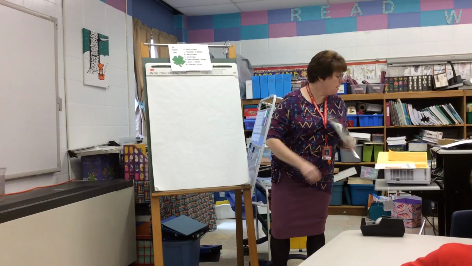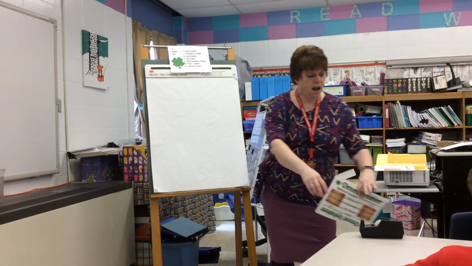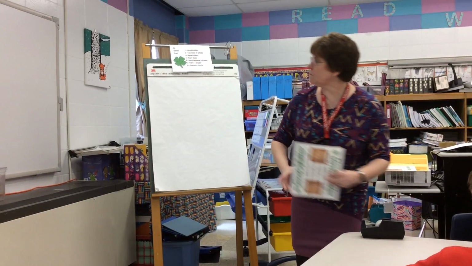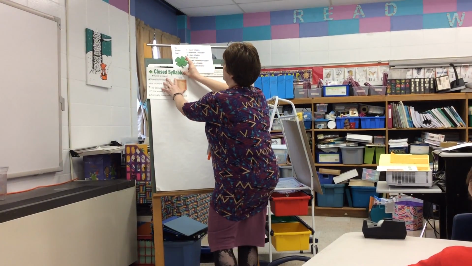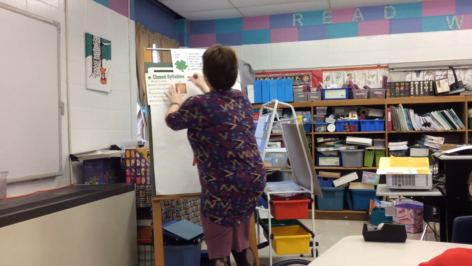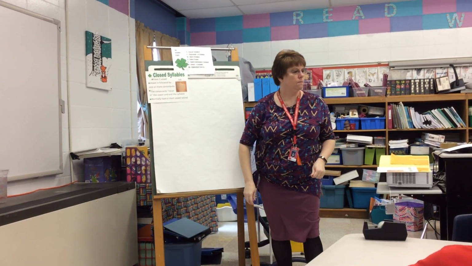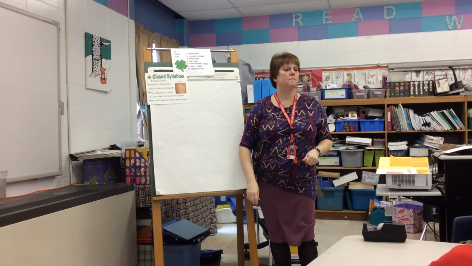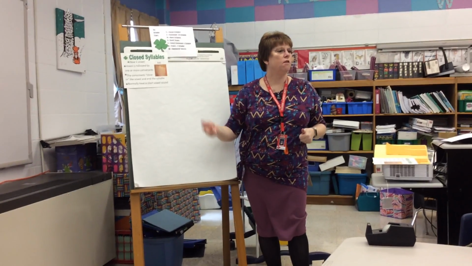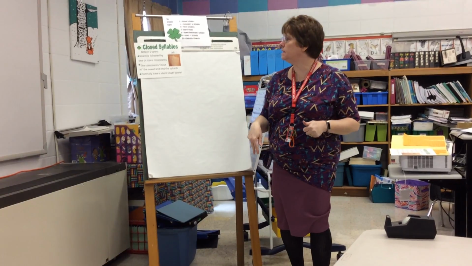The first syllable type I want to remind you about, and you guys can help me on this one because you know all about it, is closed syllables. That's easy. Why is it easy? What can you tell me about closed syllables? It has one vowel and ends with 1 or more consonants. Awesome. So 1 vowel followed by 1 or more consonants.